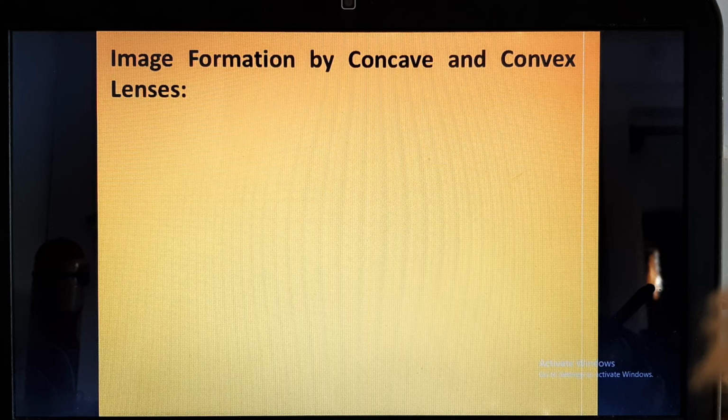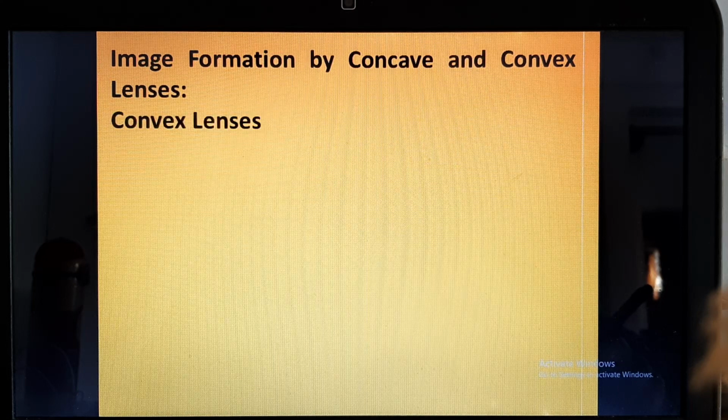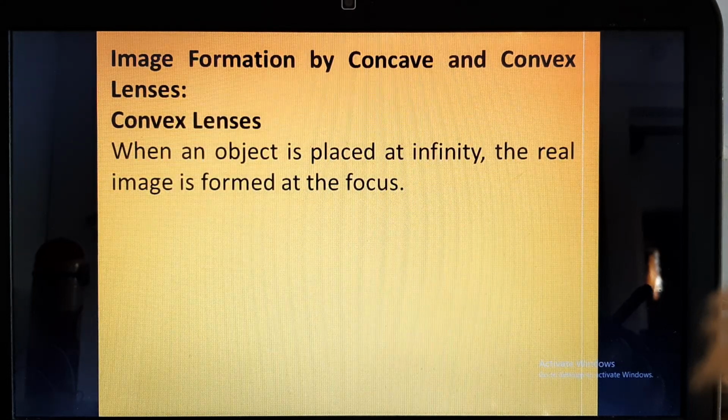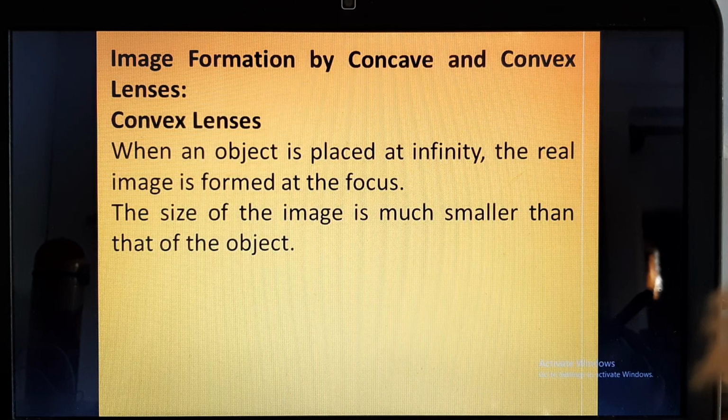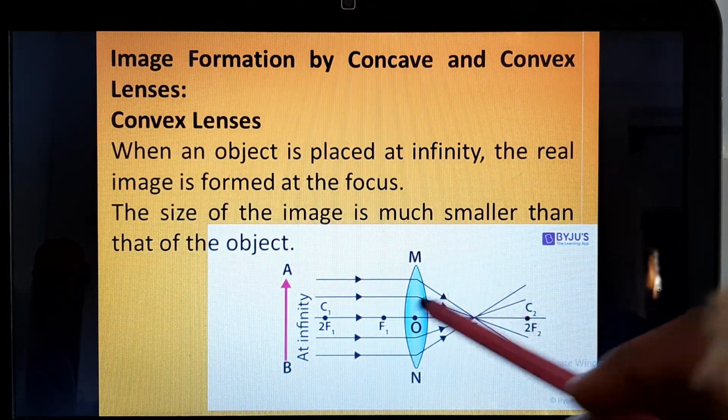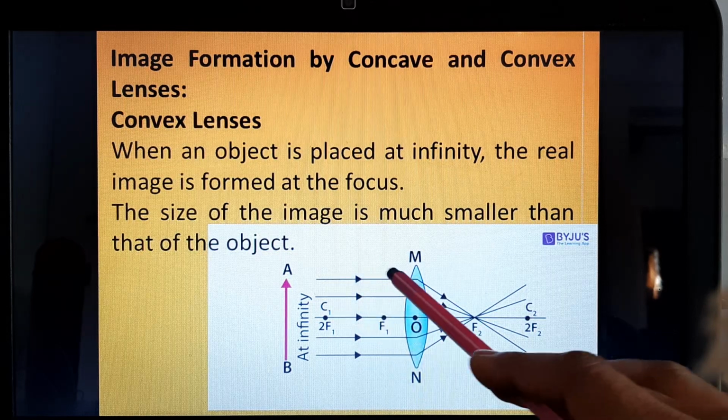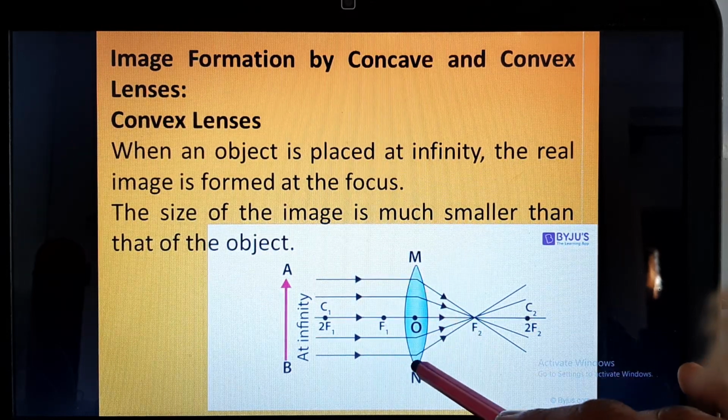Now we will be seeing image formation by concave and convex lenses. A convex lens, as we know, is a converging lens. When the object is placed at infinity, the real image is formed at the focus. The size of the image is smaller than the object. Here all the rays are falling on the convex lens.